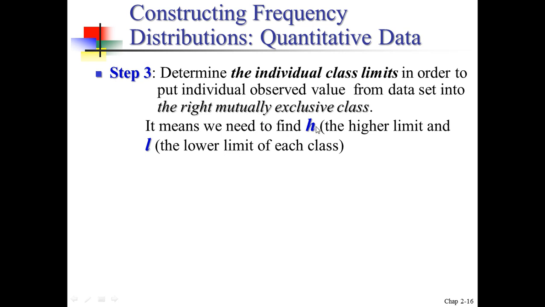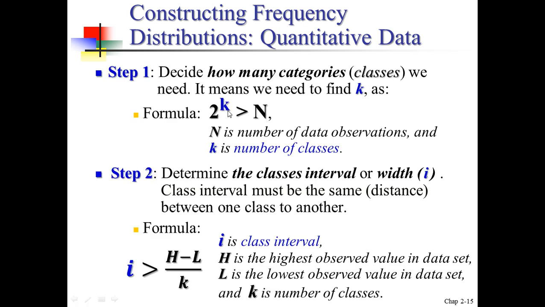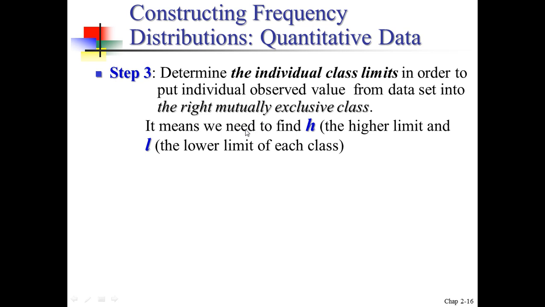If you are talking about class 1, L1 H1, class 2, L2 H2, class 3, L3 H3. That's why I use small h and small l, because we have many of them. It depends on K. If you have 5 classes, your table must have five h and also five l. So it depends on how many classes, depending on K.